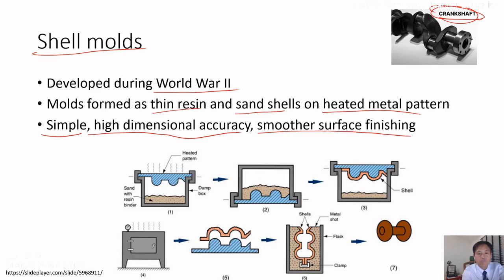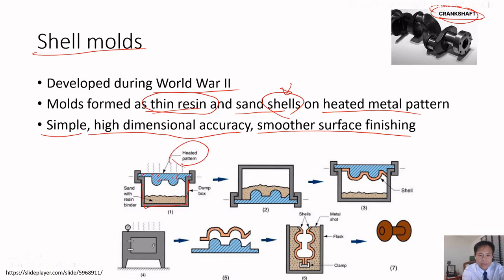So let's look at its process. It's also simple, but keep in mind this is to create a thin resin and sand shell. That's why the name is shell. So this is a sand box. Put the sand in, and then there's a pattern. But the difference is that we heat the pattern.